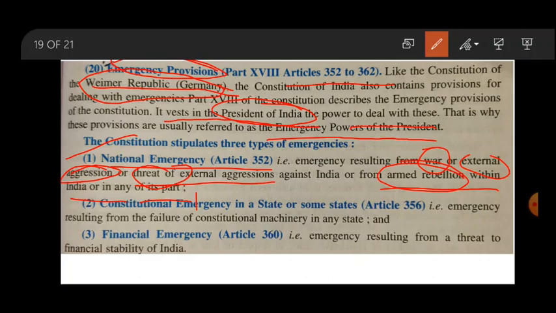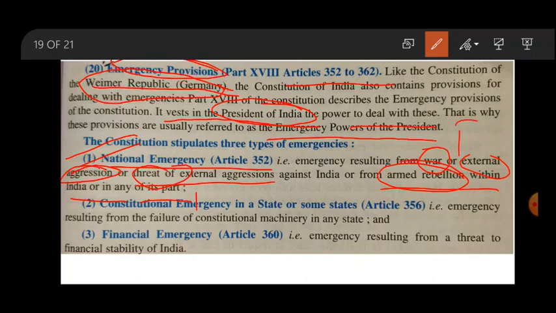Armed rebellion happens when a citizen is against the government, against the state, and wants to create fear or destroy the basic structure of the constitution or democracy. Then the country will be declared a national emergency. So it is up to the president.